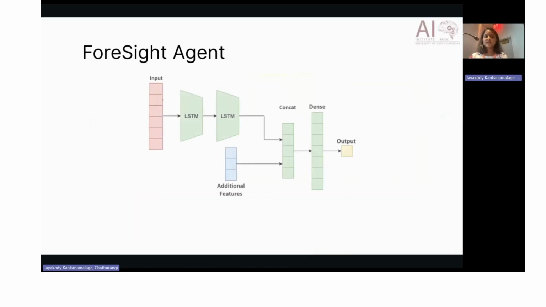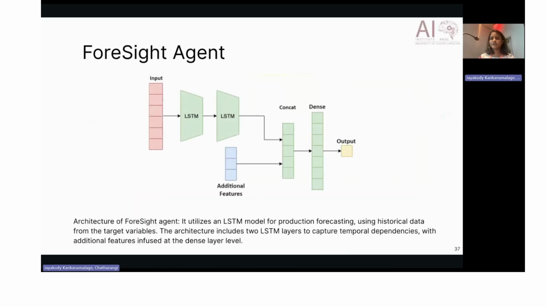And then the second agent is the Foresight agent, which is forecasting the next hour production outputs. Here we employ a simple LSTM approach, and we also use a knowledge infusion approach, where we infuse additional features that are included in external structured knowledge sources.